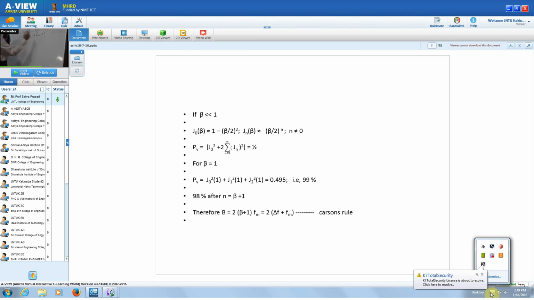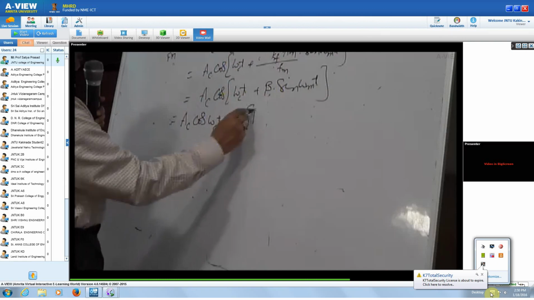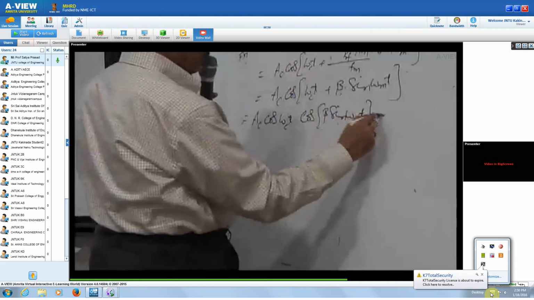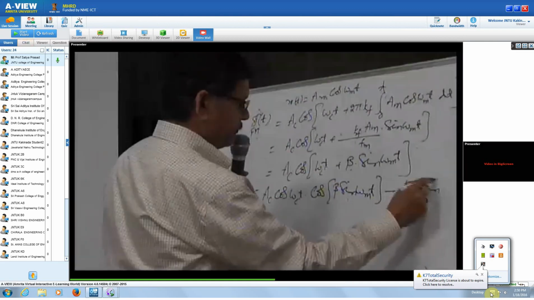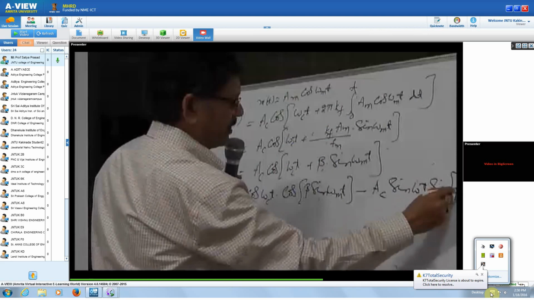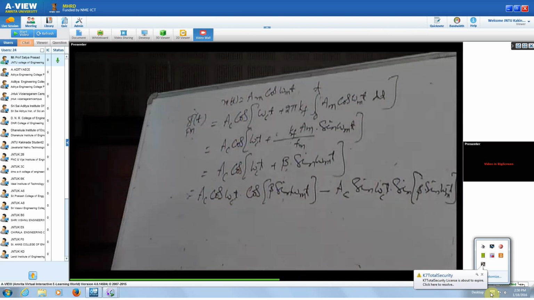So this is cos of A plus B. Therefore, this will be equal to Ac cos omega c t into cos of beta sin omega m t, minus Ac sin omega c t into sin of beta sin omega m t. Cos A cos B minus sin A sin B. We are expanding this cos of A plus B.